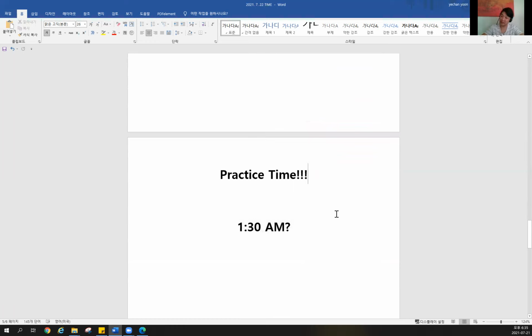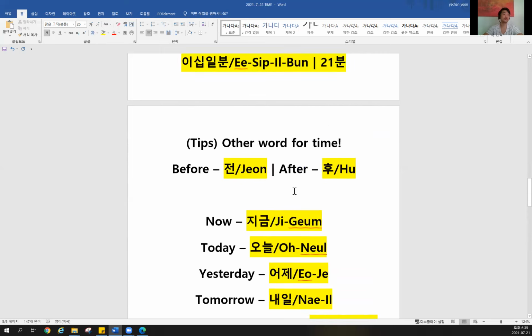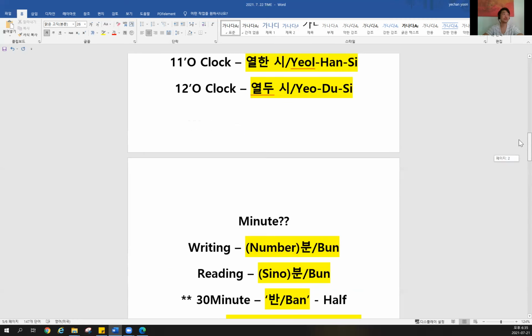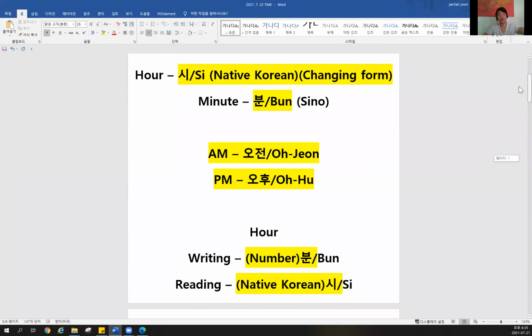1:30 a.m. With the Korean form you have to say it like this: a.m. 1. So how do you say a.m.? What was the a.m.? How to pronounce it? A.m. was 오전.